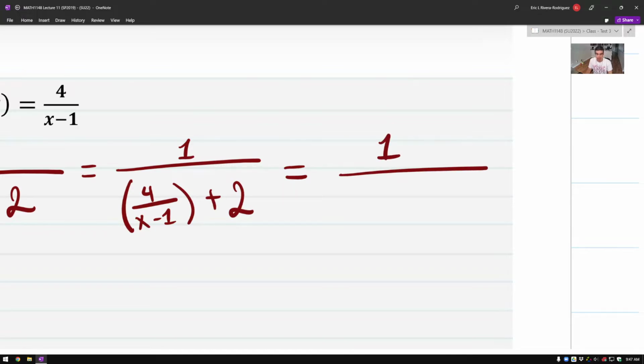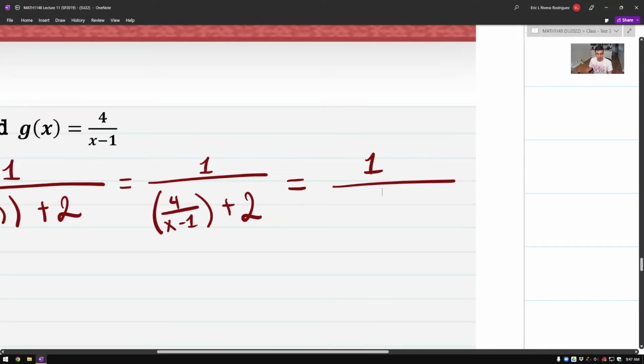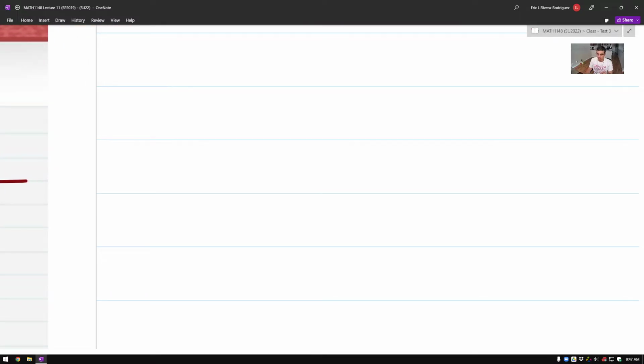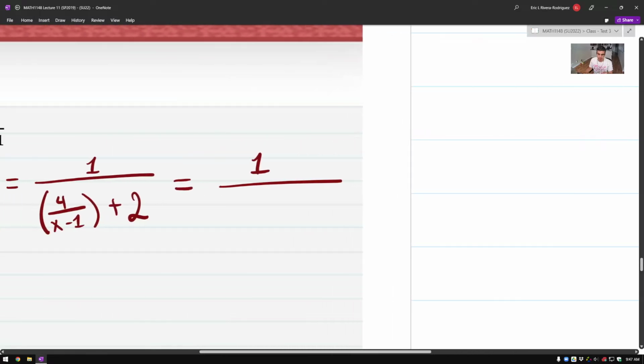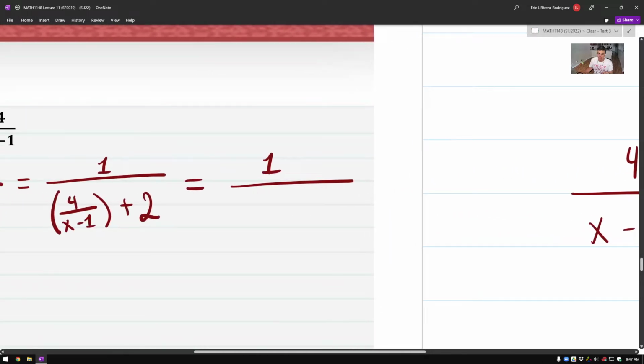So we have a fraction in the denominator. To combine a fraction, even though we don't have an exact value for the denominator, we can find the least common multiple between x minus 1 and 2. So let me go here and focus on the denominator. The denominator is 4 over x minus 1 plus 2.